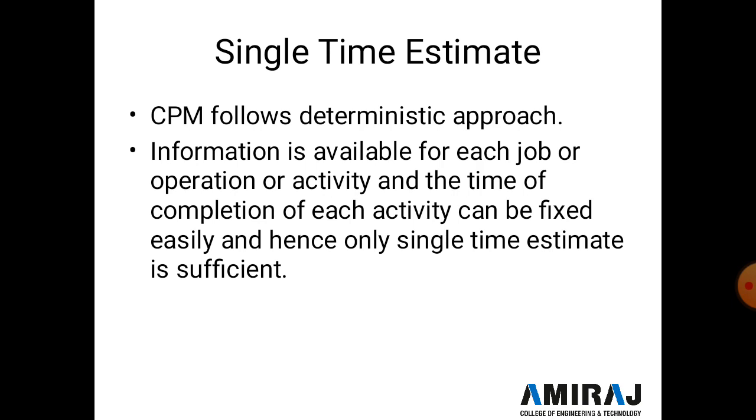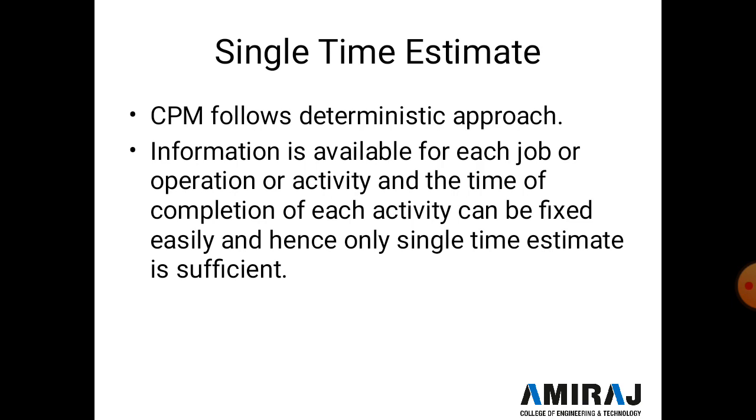So what is single time estimate? CPM follows the deterministic approach. Information is available for each job or operation or activity, and the time of completion of the activity can be fixed easily, hence only a single time estimate is sufficient.